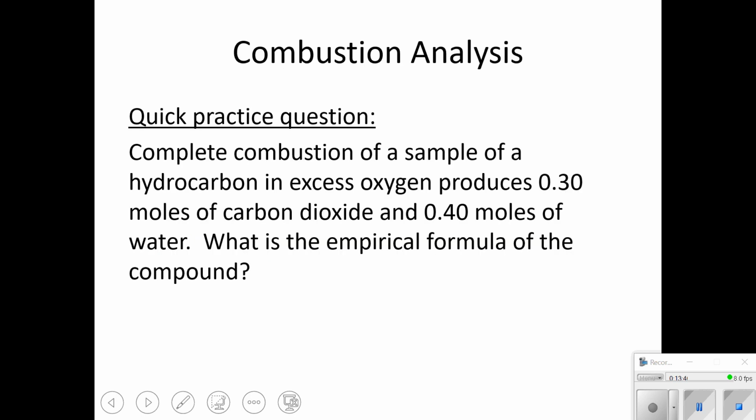So here's a combustion analysis one. And this is a slightly simpler version of a combustion analysis than we typically see in the free response. This is actually based on an old multiple choice question, and multiple choice questions are actually a good place to look at for the level of math you're going to see on this year's test, because multiple choice questions are designed for you to have to do some calculations, but you should be able to do them without a calculator.